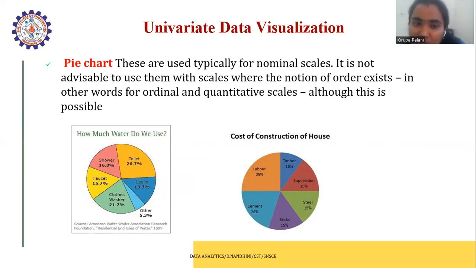Shower is 16.8%, toilet is 26.7%, leakage is 13.7%, clothes washing is 21.7%, faucet is 15.7%, and other is 5.3%. The Water Works Association research found the end uses of water in 1999. For the cost of construction of a house: labor is 25%, timber 10%, supervision 15%, steel 15%, bricks 15%, and cement 20%.